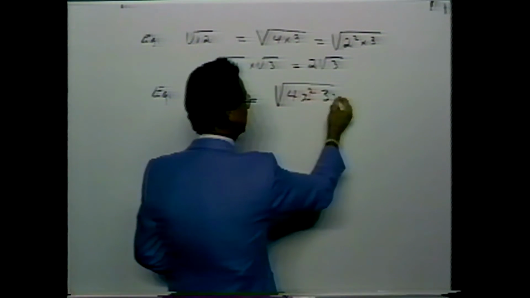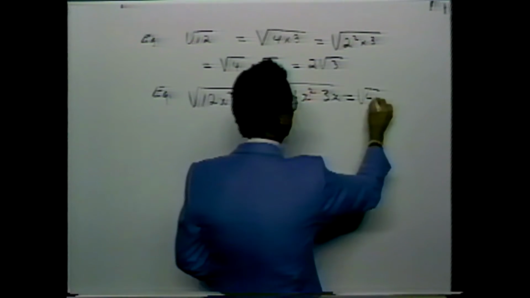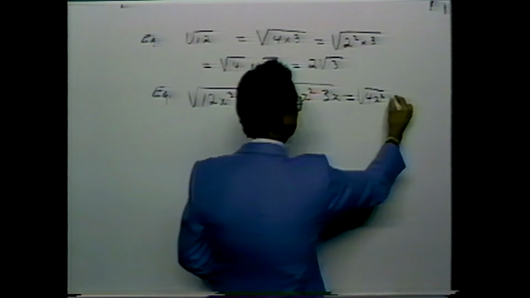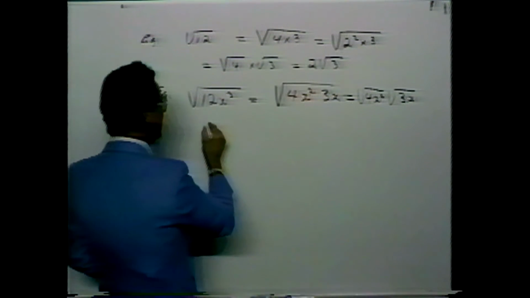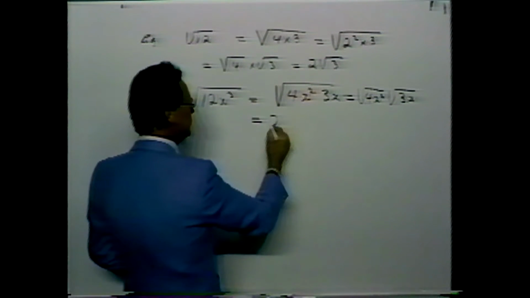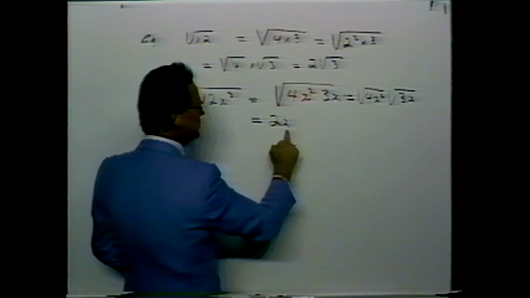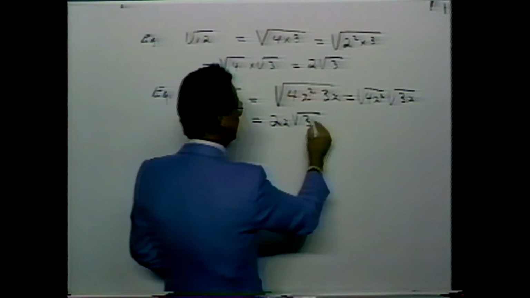Put 3x in there as well. So this is then equal to the square root of 4x squared multiplied by the square root of 3x. We would rewrite this in its best form as a mixed radical, 2x, the radical sign is gone, followed by the radical sign and 3x.